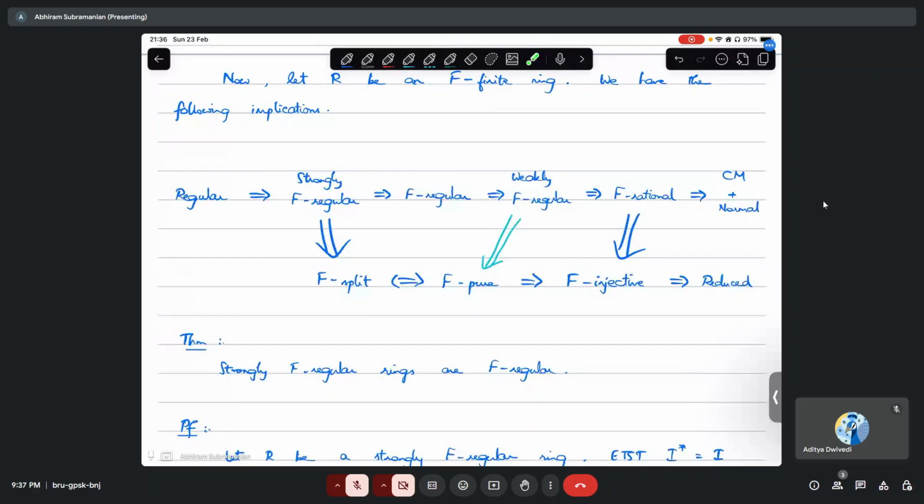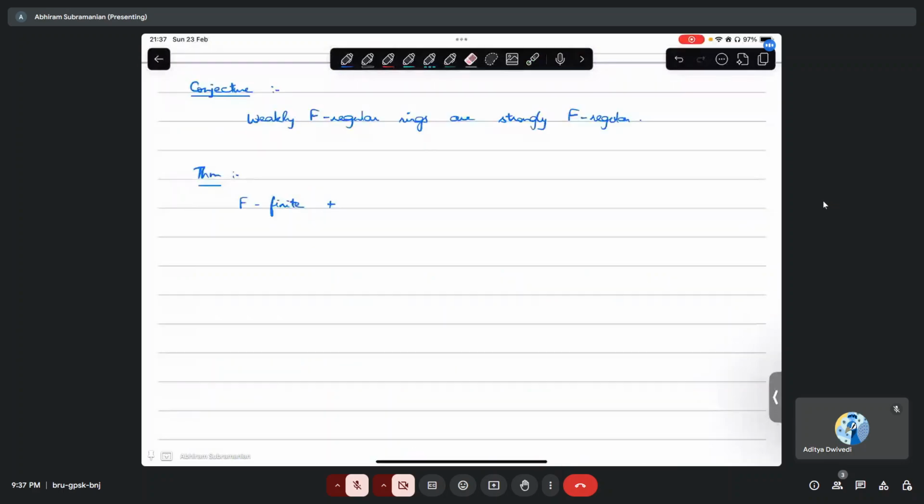So the next theorem is that F split rings are F pure. The converse is true for F finite rings.